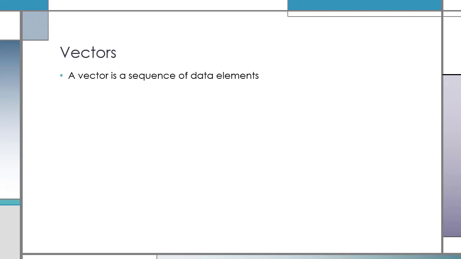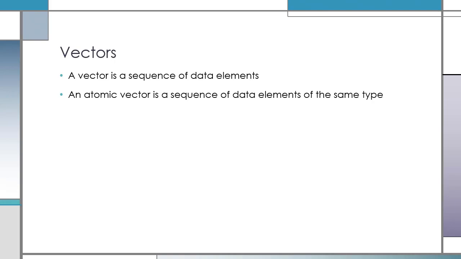And R was created by two statisticians to become a statistical programming language, so it's natural that the basic building block for R is a vector, which is a sequence of data elements. An atomic vector is a sequence of data elements of the same type. So as long as your vector contains the same type of data for every data element, we refer to it as an atomic vector.